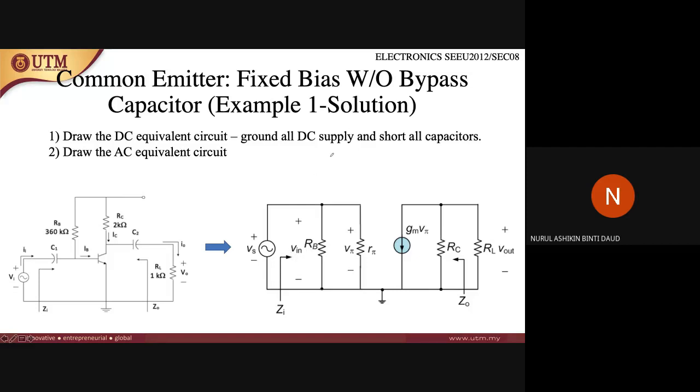V in here is equal to Vs. And how to find V in? The value is not given. V in can be found from the IB here. This is IB, and IB can be calculated using the DC equivalent circuit.